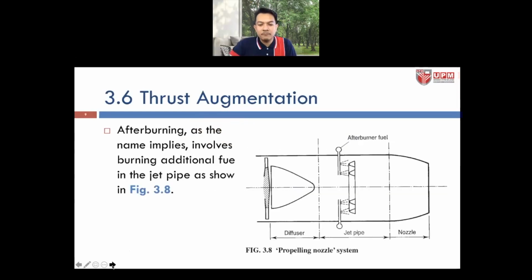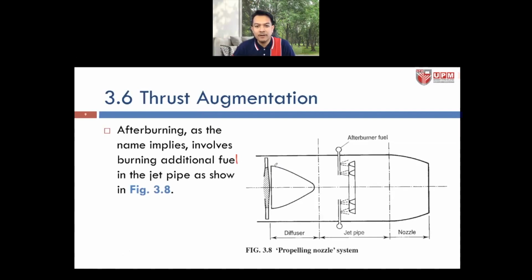In this particular figure, figure 3.8, which we have shown to you before in terms of the propelling nozzle system, afterburning, as the name implies, involves burning additional fuel in the jet pipe, as shown here.